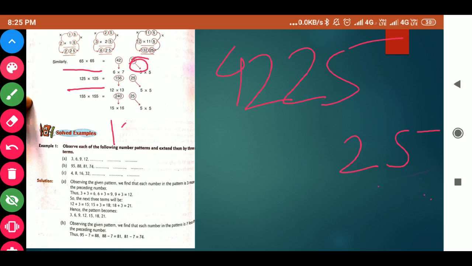So multiply 12 by the next consecutive number, that is 13, and the answer will be 156, and write it to the left side of the 25. This will be your answer. And in the same way you can solve other questions also. I hope you all understood the product of numbers ending with 5.